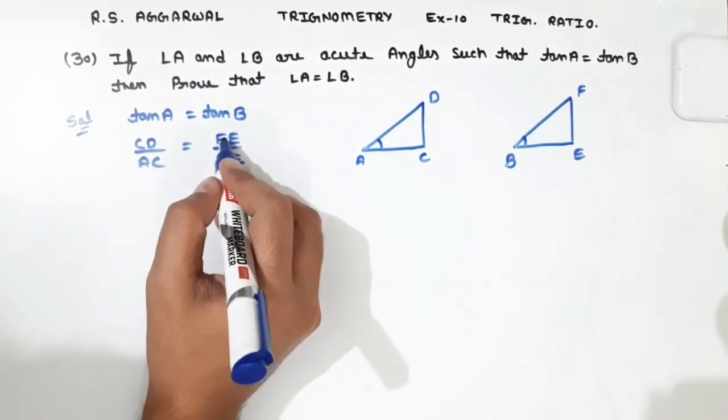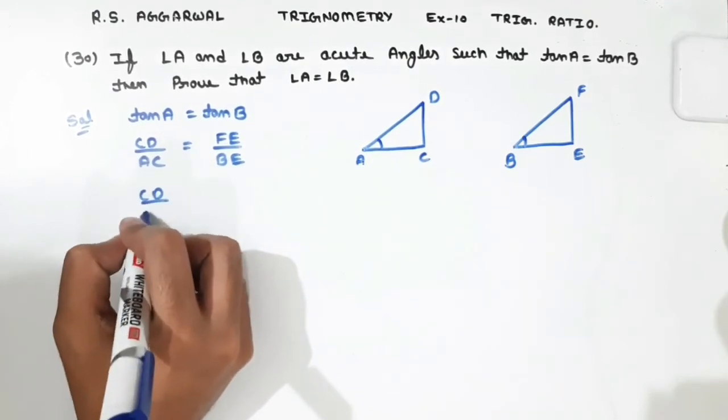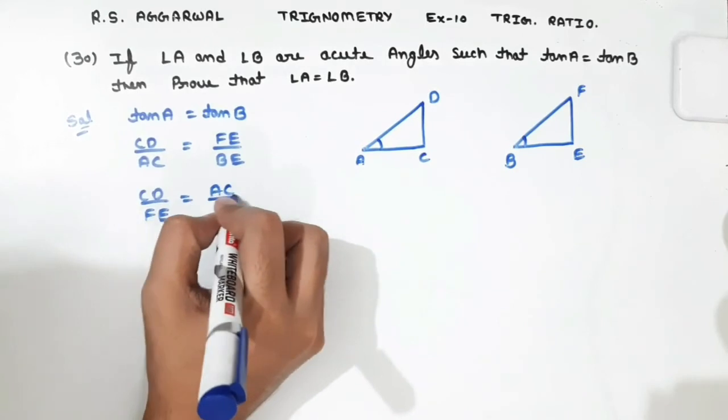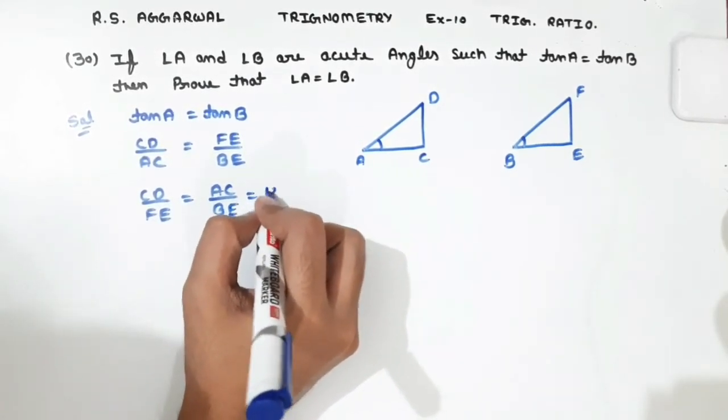Now we can write it as CD upon FE equals AC upon BE equals K.